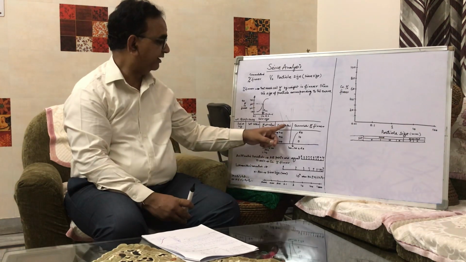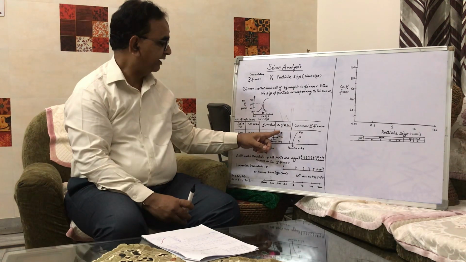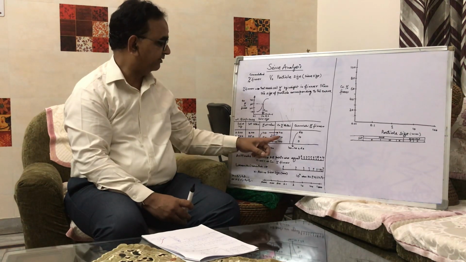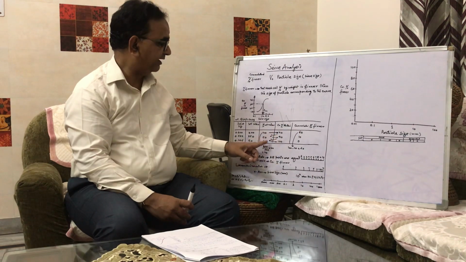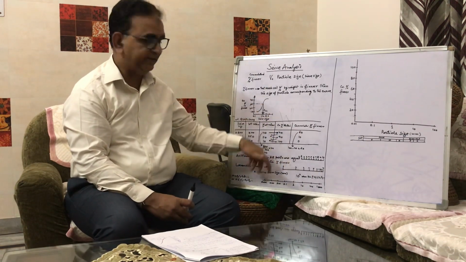Now cumulative percent retained means 40 is written same as 40, then 40 plus 50 is 90, then 90 plus 10 is 100, and so on. If there are more, you have to calculate all the values.